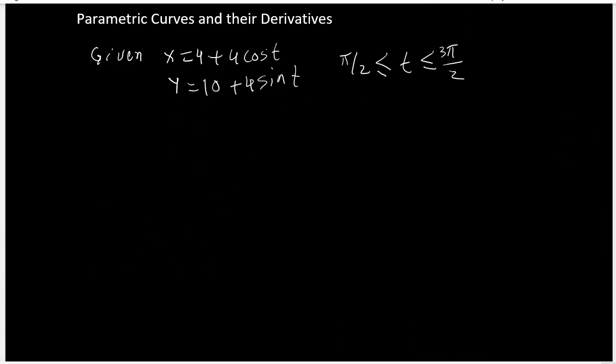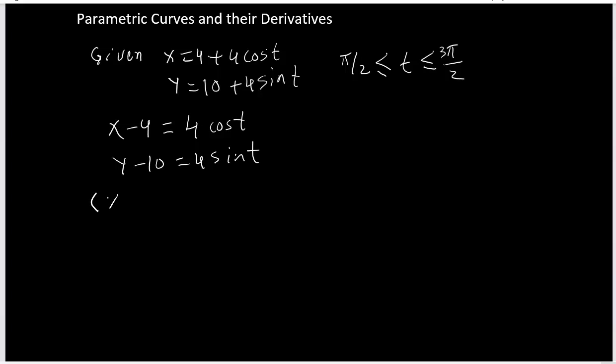Now we are taking a second example. x equals 4 plus 4 cosine t, y equals 10 plus 4 sine t. So for this one, first we need to do it like this, and you will understand why we are doing this. x minus 4 equals 4 cosine t, y minus 10 equals 4 sine t. Now it's beautiful, so we can square both sides and add.